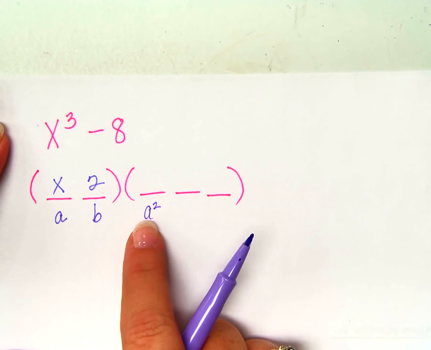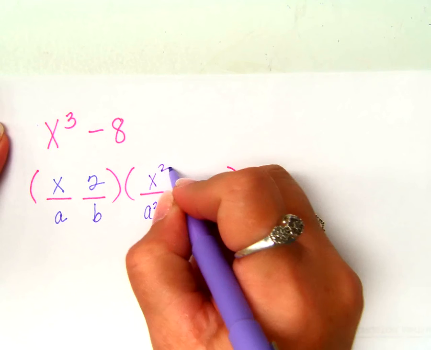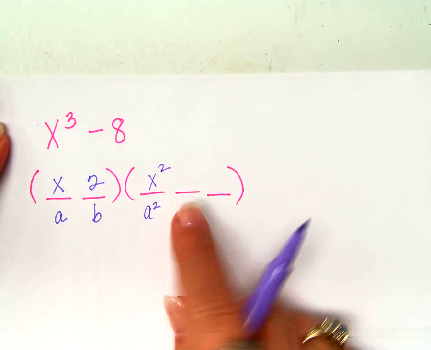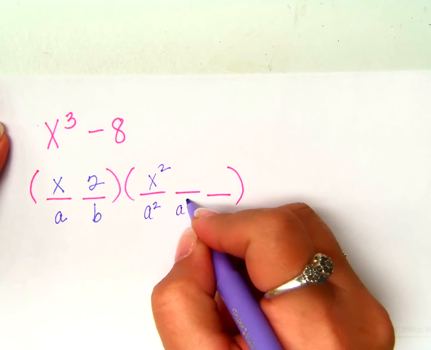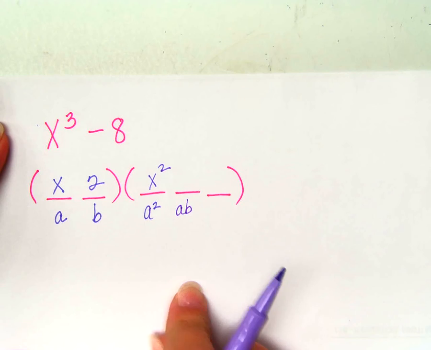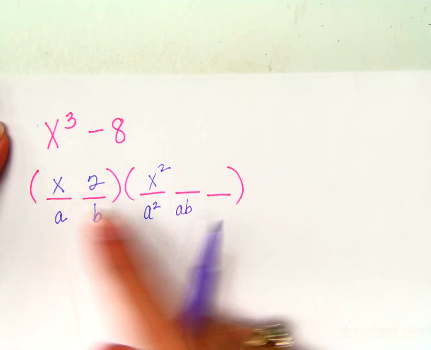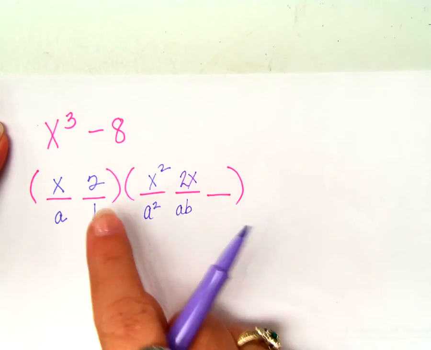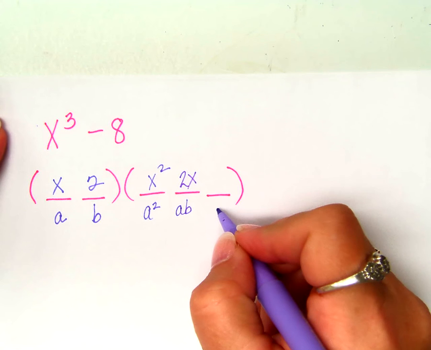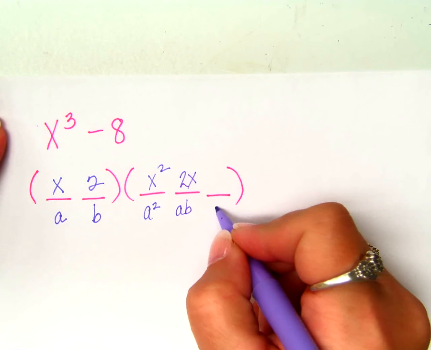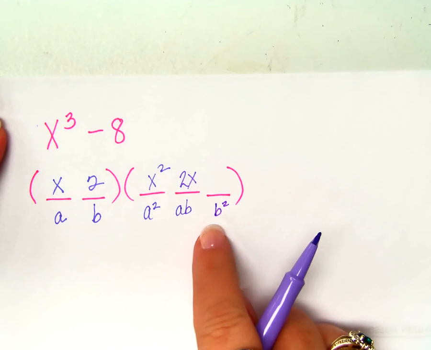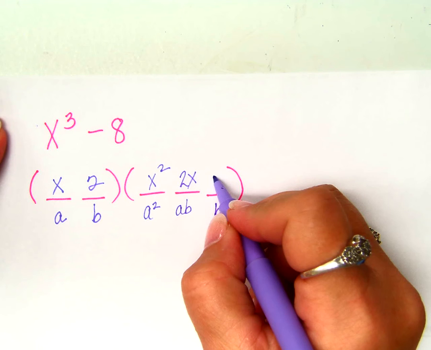What goes right here? X squared. The second term in the trinomial is a times b. What is a times b? 2x. And the third term in the trinomial, any guesses? Yep, b squared. Excellent. So what is b squared? 4.